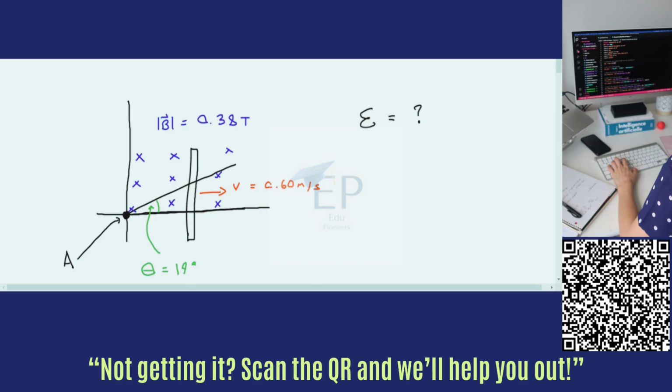Okay, so the first thing to recall is Faraday's law of induction, which just states that the induced EMF is going to be equal to the change in magnetic flux over the change in time.